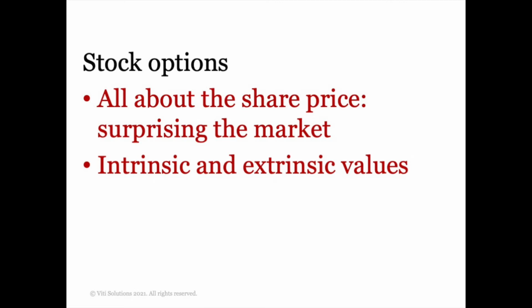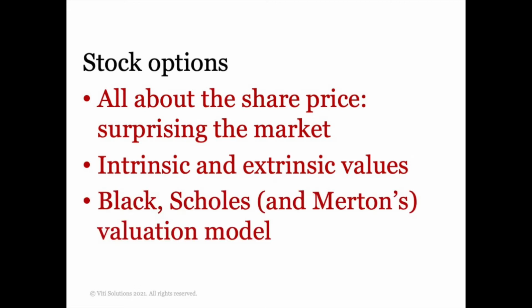And there were 3 gentlemen called Fisher Black, Myron Scholes, and Robert Merton, who in 1997 got the Nobel Prize for their formula to value stock options. And that formula is known as the Black-Scholes formula.